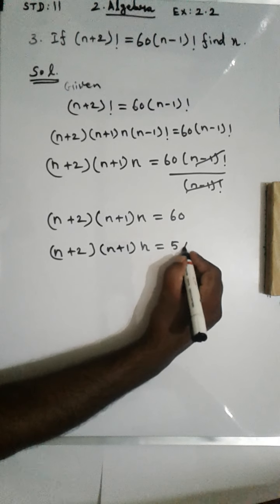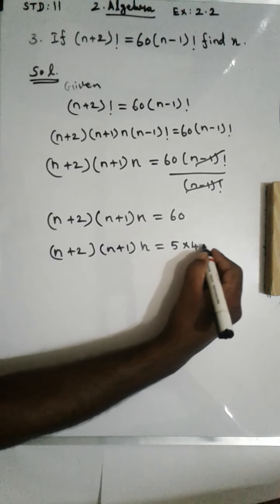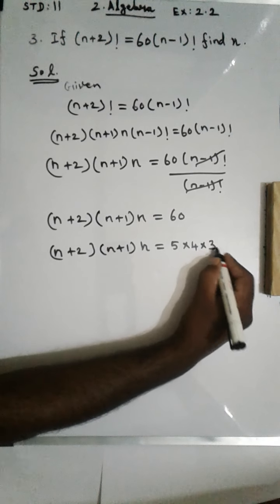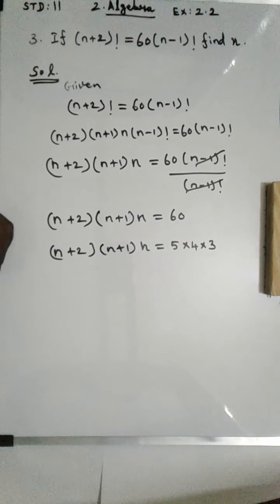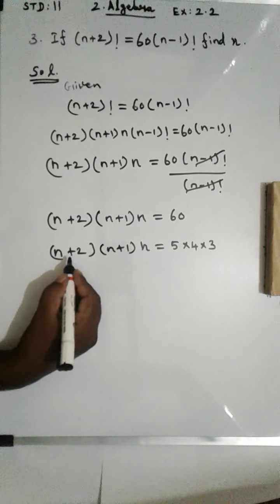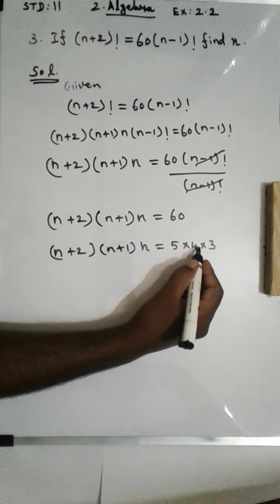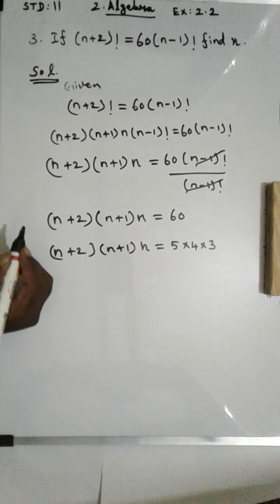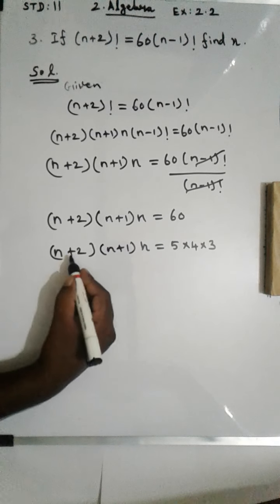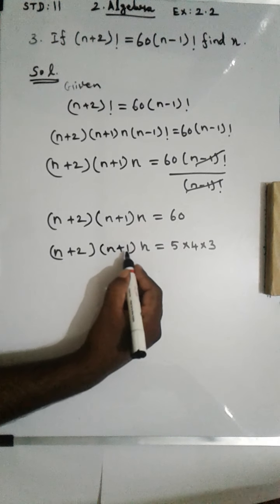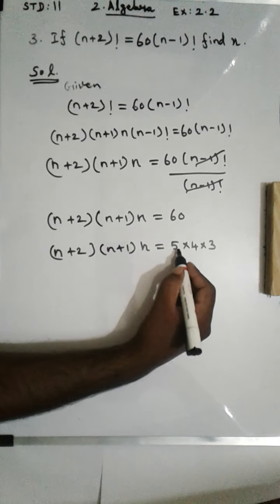5 into 4 is 20, 20 into 3 is what? 60. So compare this: n plus 2 into n plus 1 into n is 5 into 4 into 3. So it is in order: n plus 2, 1 minus, then n plus 1, 1 minus, then n.